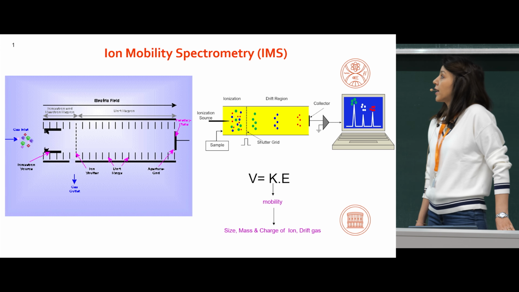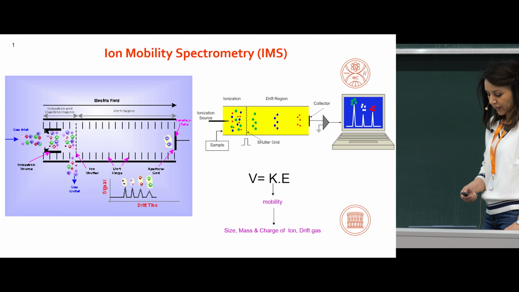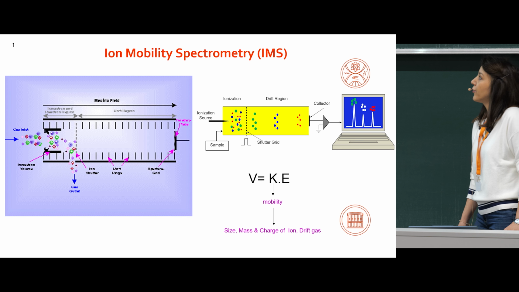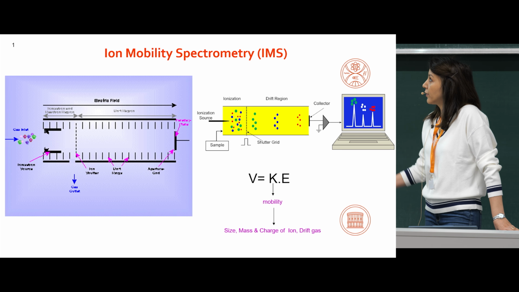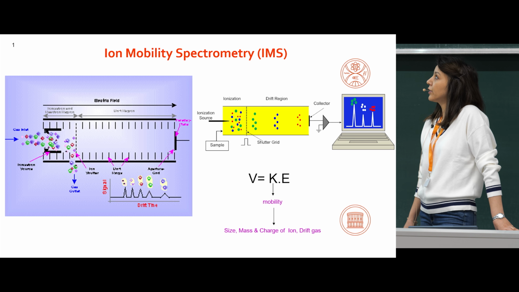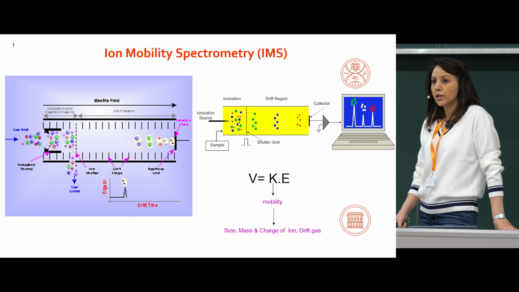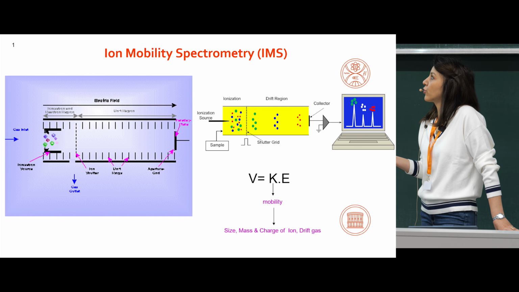Then ions are injected to the drift tube by applying pulses to the shutter grid, and ions in the drift tube travel under electric field and reach the detector in different drift times. Smaller ions travel faster than larger ions and reach the detector in shorter time.